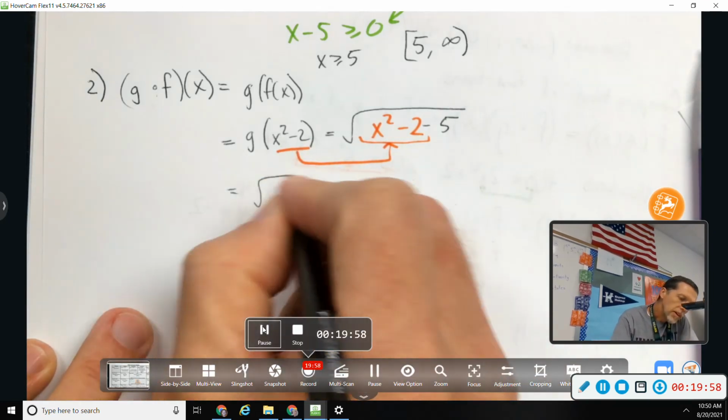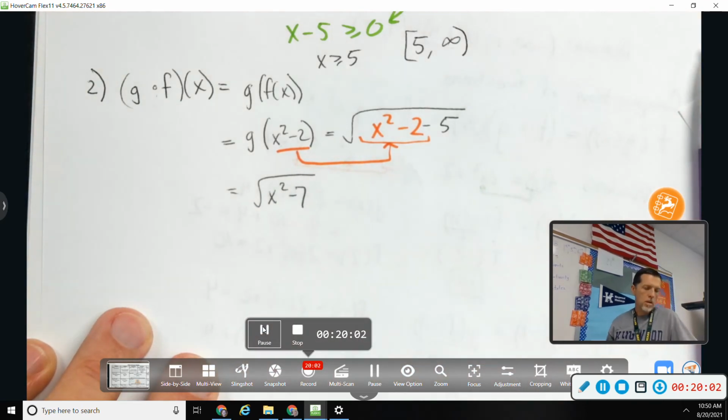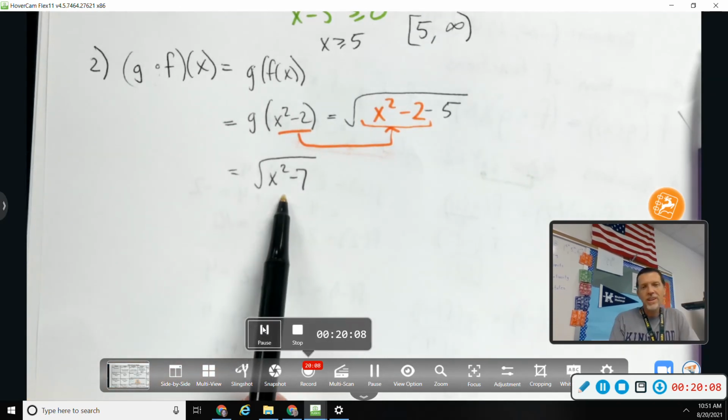That will be the square root of x squared minus 7. I don't want to do the domain of that because it would be kind of complicated. So we're going to leave that one alone.